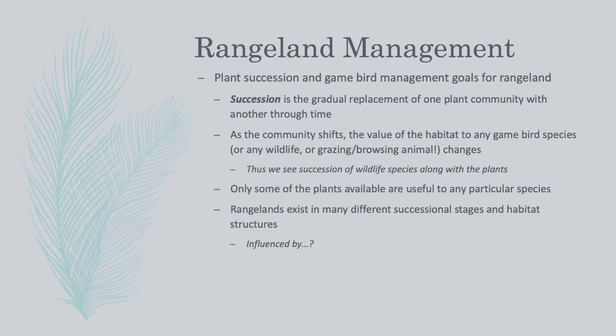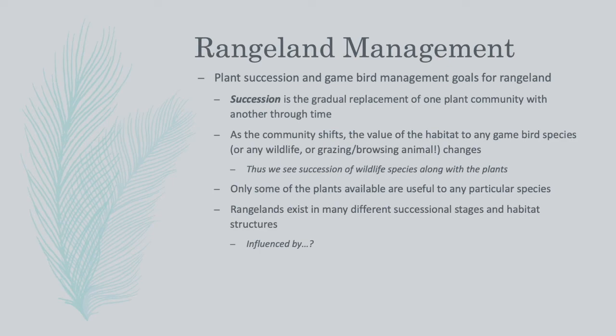As the community shifts and your habitat structure changes, the value of the habitat to any individual game bird species will also change. And that also means that it changes for any other wildlife or any grazing or browsing animal, domestic or otherwise. So we see with plant succession a sort of succession of wildlife along with it as it progresses, shifts forward, has disturbance, shifts back.